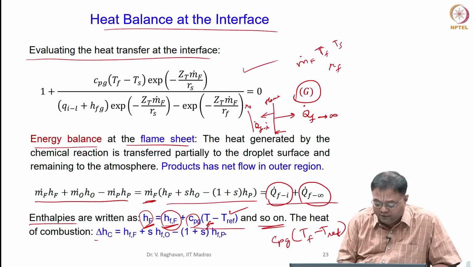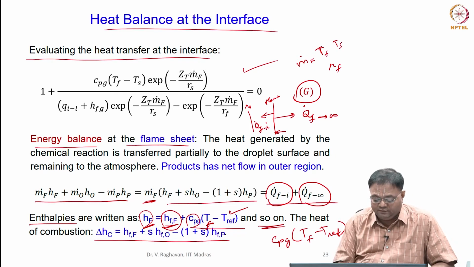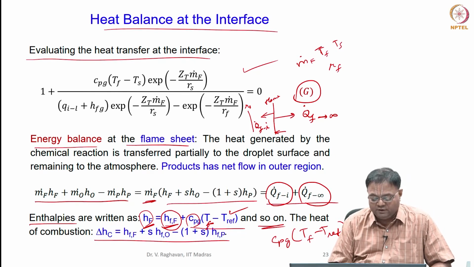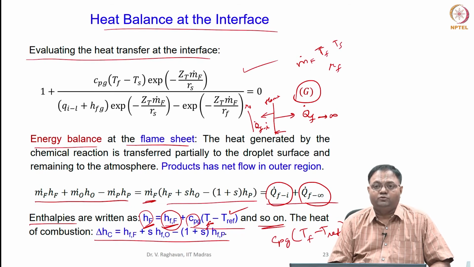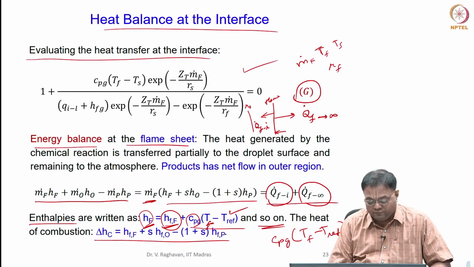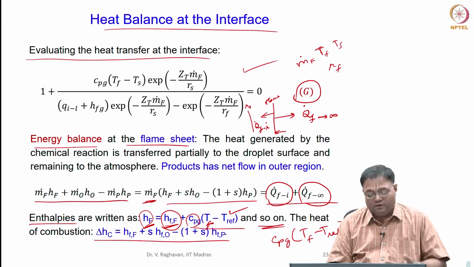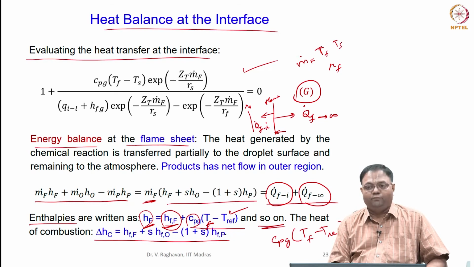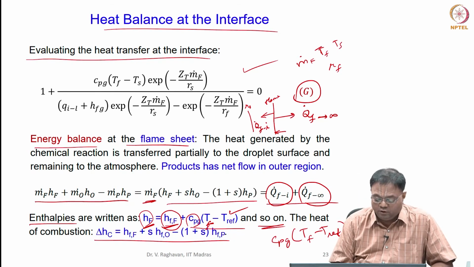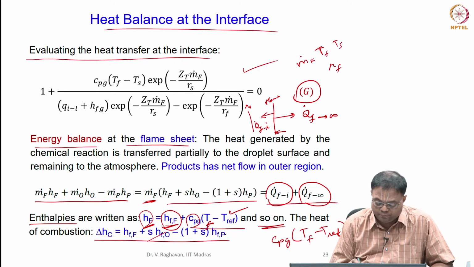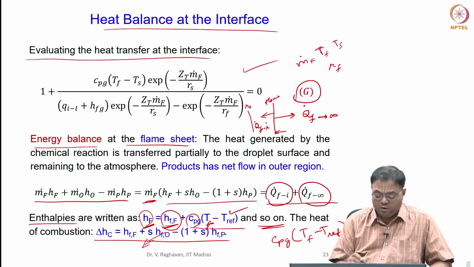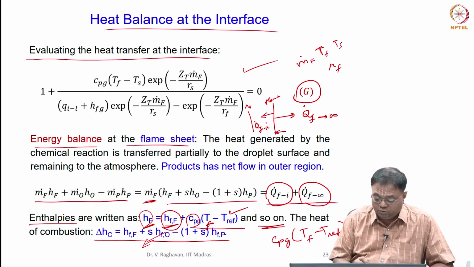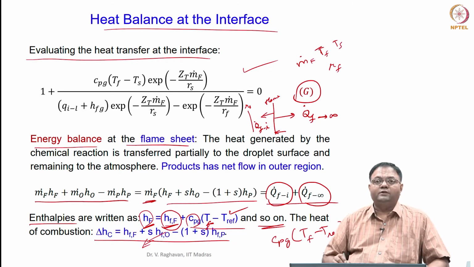Now, you can see that delta Hc is the heat of combustion, which is nothing but the enthalpy of formation of the fuel plus enthalpy of formation of the oxidizer, which can be 0 actually, into S minus 1, plus the sum of enthalpy of formation of products. So this will be normally 0. So this is the expression for the delta Hc.